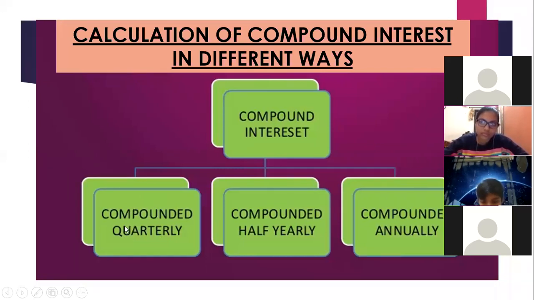And annually is the lowest amount, because only once in a year I'm going to calculate my interest. So my principal increases only once in a year. Here 2 times my principal gets affected, and here 4 times. All right. So we move on to the next one.